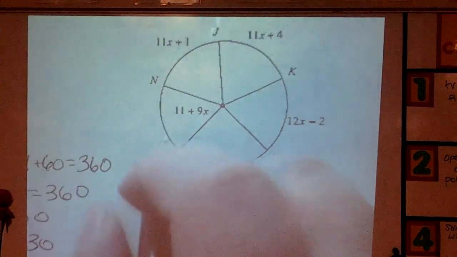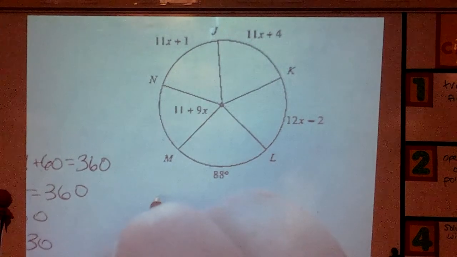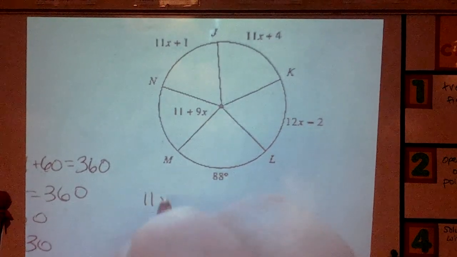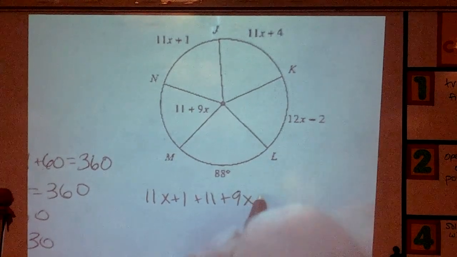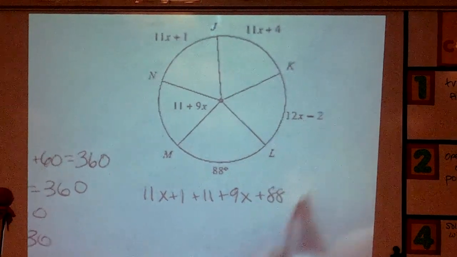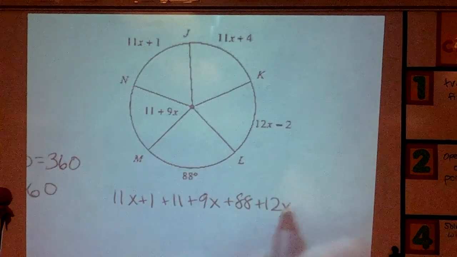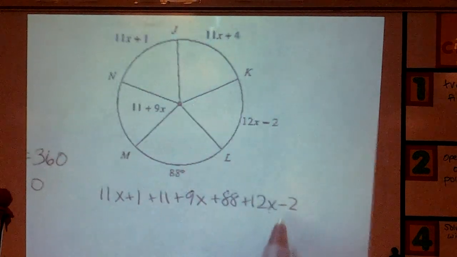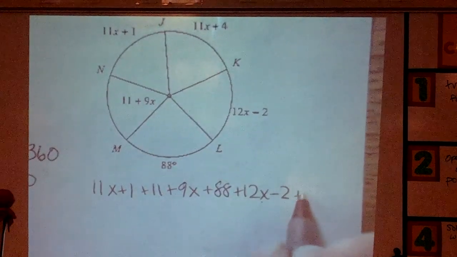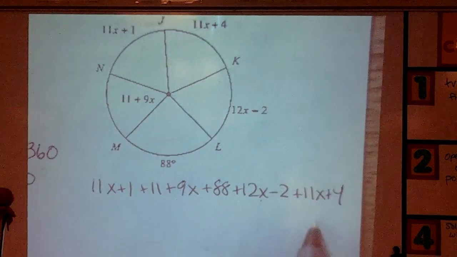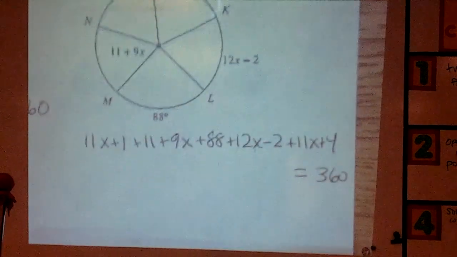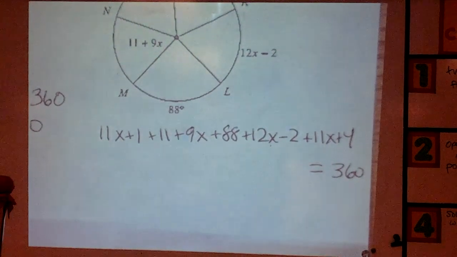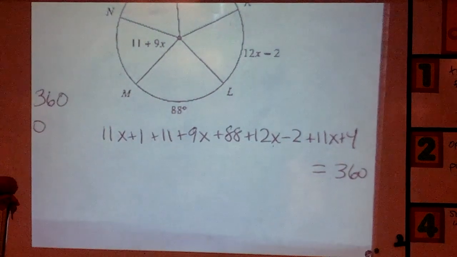So I'm just going to start at J and go around counterclockwise. So 11x plus 1, plus 11 plus 9x, plus 88, plus 12x minus 2, plus 11x plus 4, and I ran out of room, equals 360. And now talk about a lot of like terms to combine.